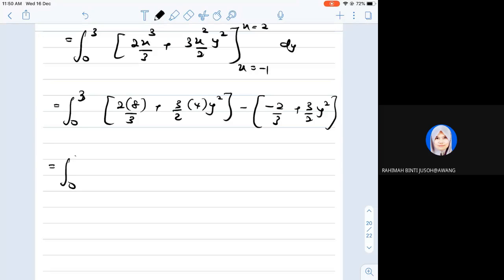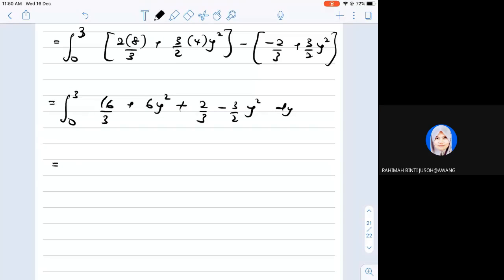So 0 until 3, 16 over 3 plus 6y squared plus 2 over 3 minus 3 over 2 y squared dy.